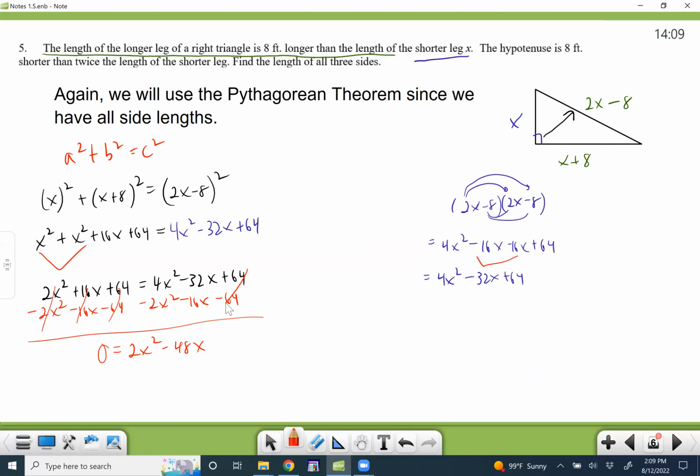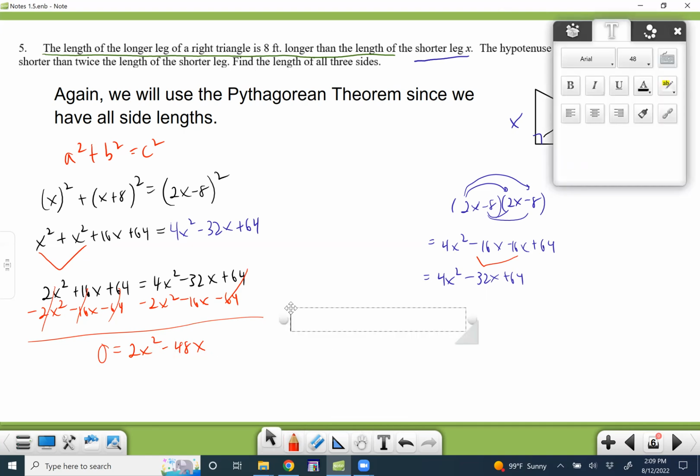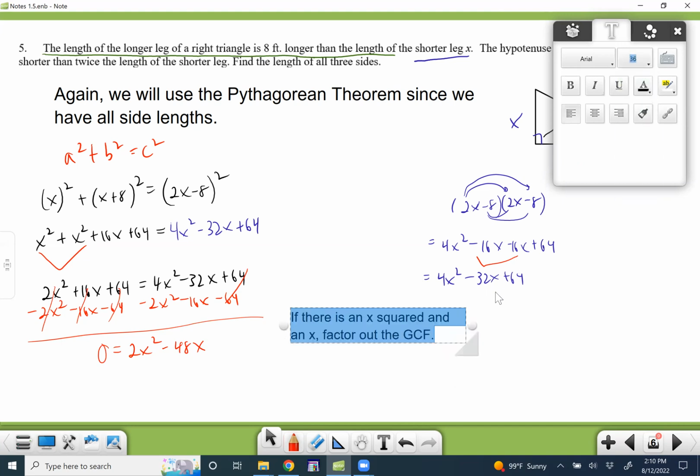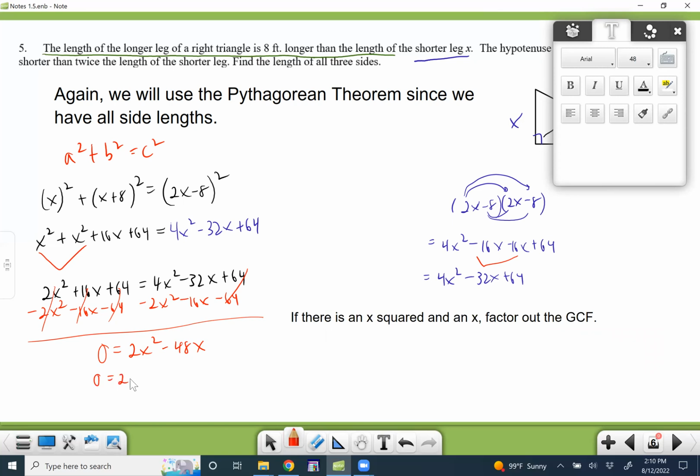So this is different. We don't have to factor in the traditional way where we use that X method or the AC method or anything. Remember we said that if there's an x squared and an x, you just factor out the GCF, okay? If there is an x squared and an x, factor out the greatest common factor. All right. So if we do that, the greatest common factor here would be 2x.